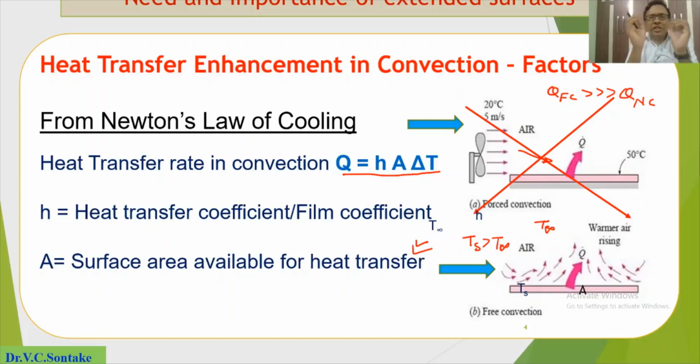Surface area is a very important parameter in convection heat transfer, and how it is decided we have discussed in unit number 1 in great detail. And finally delta T is the temperature difference between the surface and the cold fluid. Now let us discuss one by one the effect of each parameter on the rate of heat transfer.